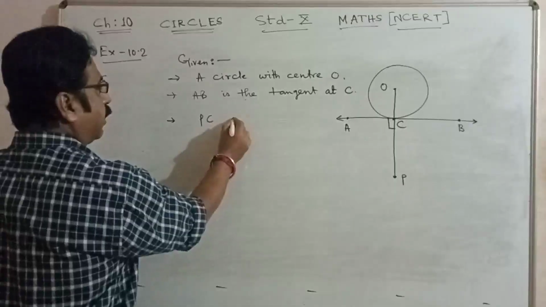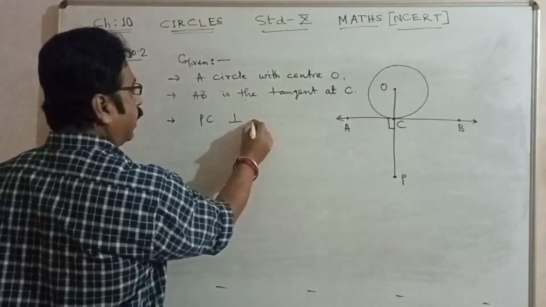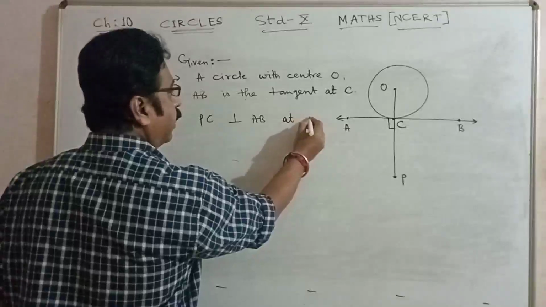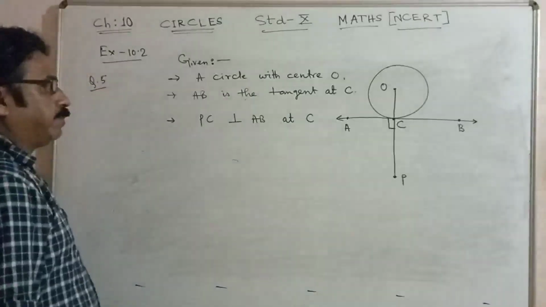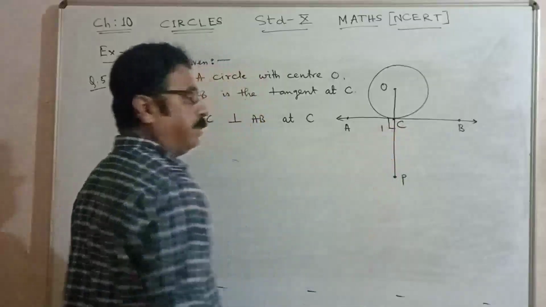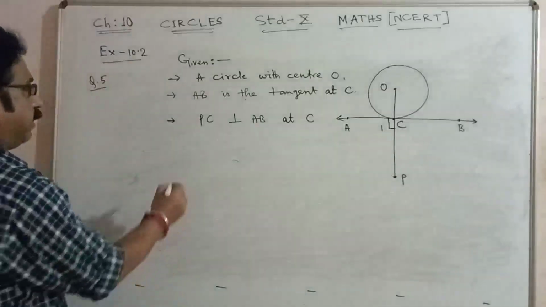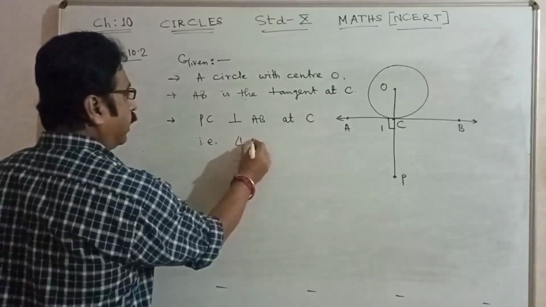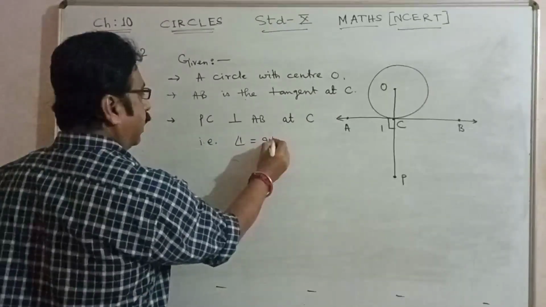PC is perpendicular to AB at the point C. Then suppose this is angle 1, that is angle 1 is 90 degree.